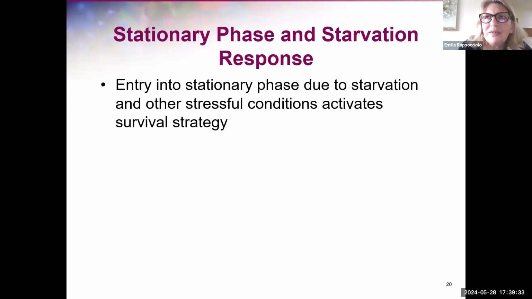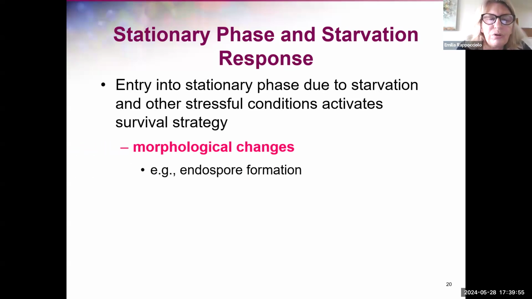It's a way that the cell can try to survive, not in ideal conditions, waiting for the environment to change and become more suitable, with more food and better conditions for it to grow.